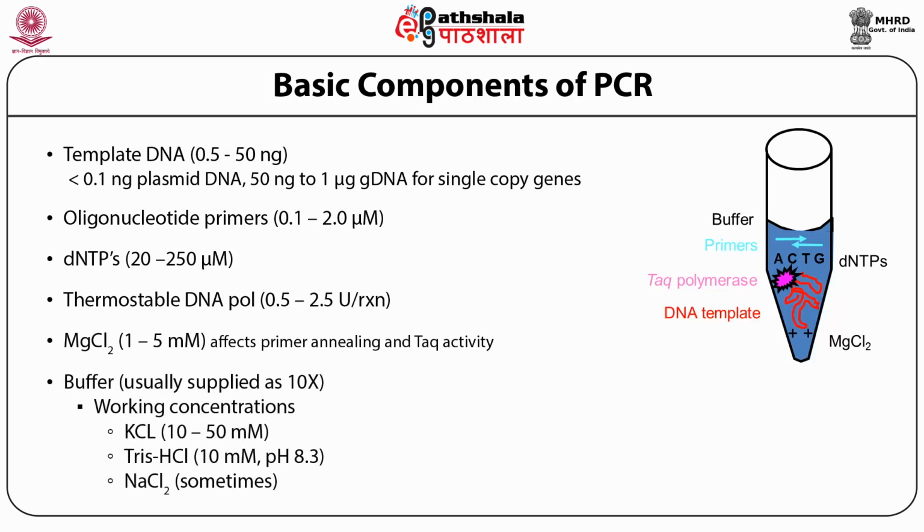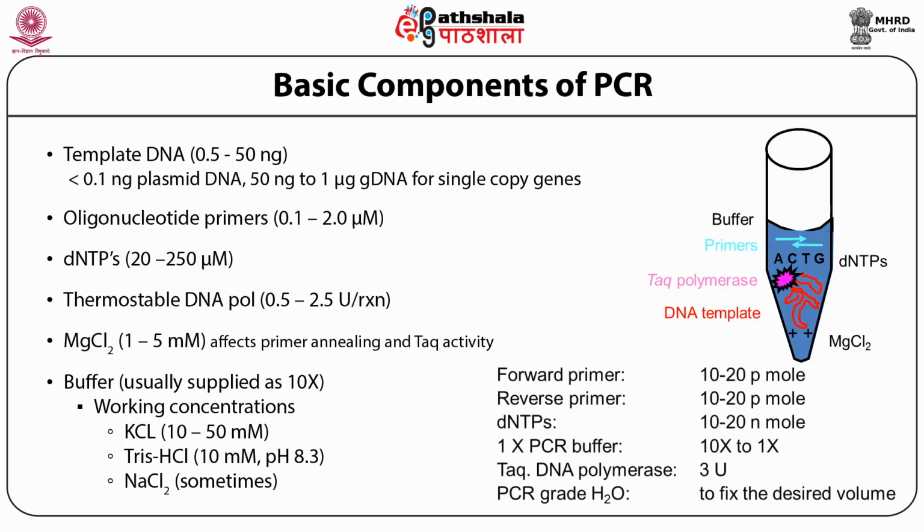In the buffer, the working concentration contains potassium chloride, Tris-HCl, and sodium chloride. Before doing any PCR reaction, we prepare a master mix. In the master mix, apart from the DNA template, we mix all the components in one tube and equally distribute them into different tubes wherever there is DNA.